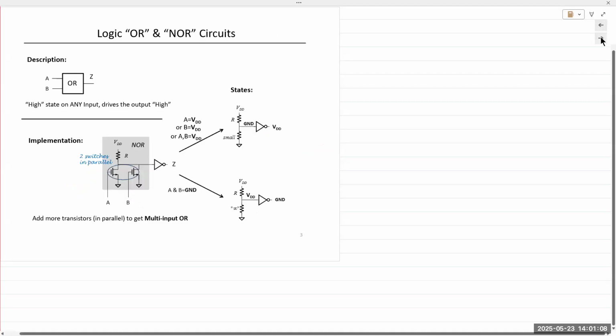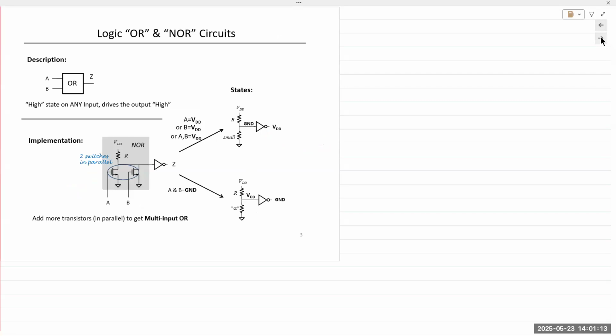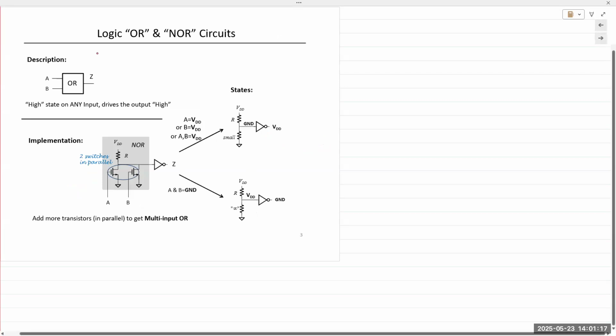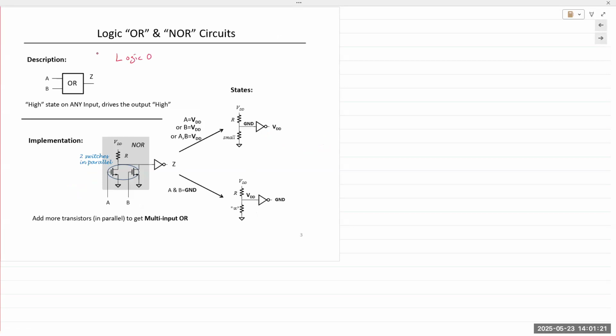Now, you can create other kinds of gates using these MOSFETs. OR and NOR circuits: logic OR is mathematical summation, right?